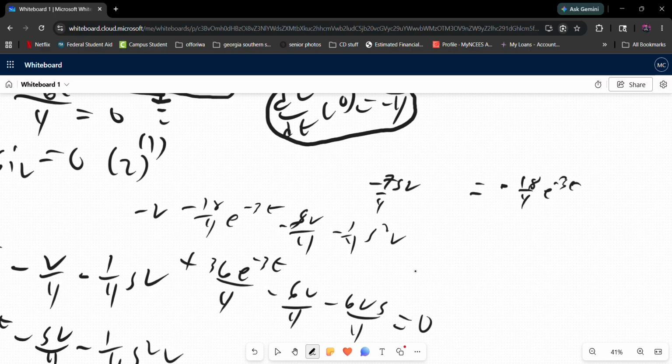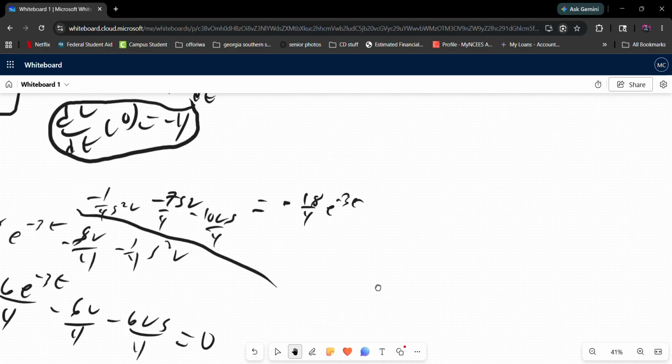Anyway, then we have a minus 1/4 S squared V. And then lastly, our V. So we have a 6/4 here and a 1 here, so that becomes a 10/4. So it becomes a minus 10 V over 4. Now we have this. Let me put a line here so we can differentiate this from the other stuff. Now we just solve the ODE.